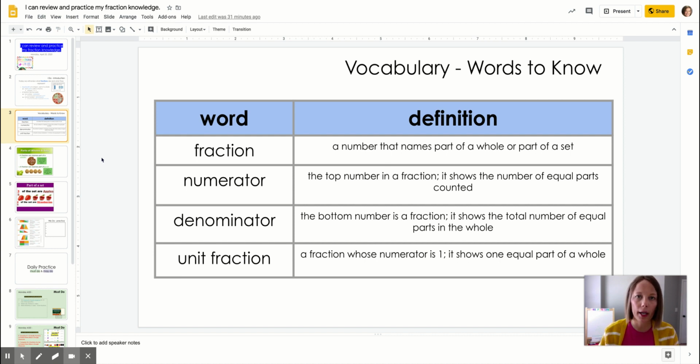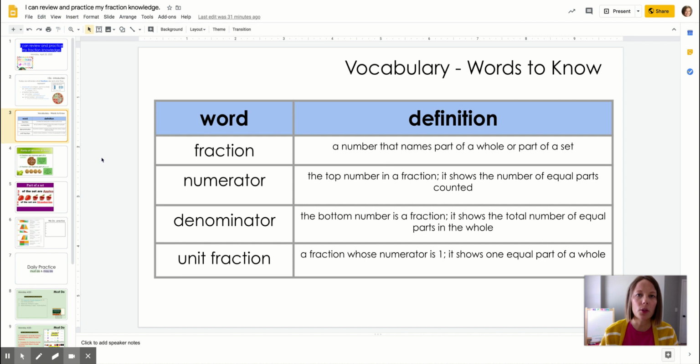The numerator, remember again, is the top number, and this shows the number of equal parts that are being counted in our problem. The denominator is the number on the bottom, and this shows the equal parts that are in my whole that is being discussed.